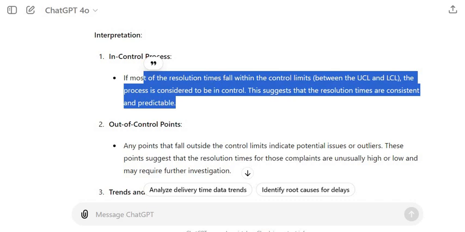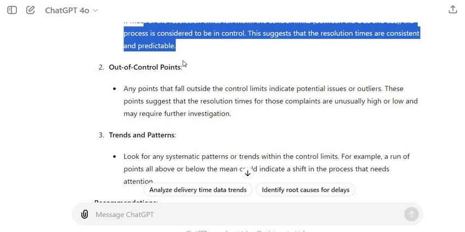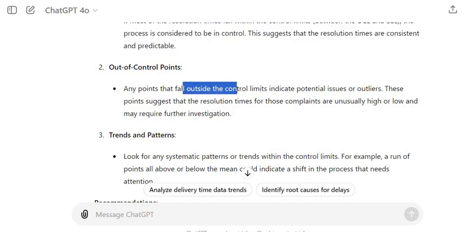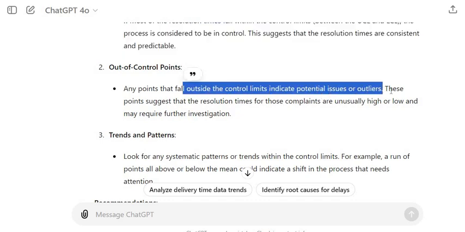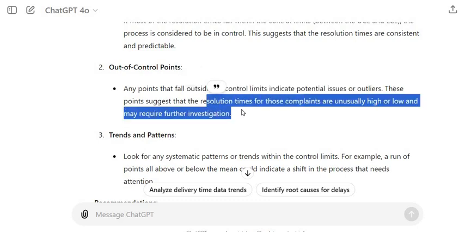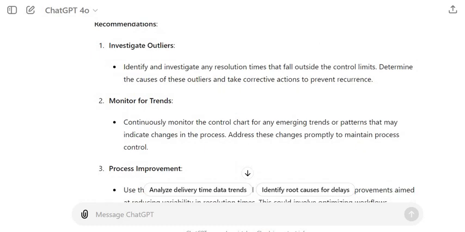Okay, and if any points fall outside the control limit, they indicate a potential issue or outliers. These points suggest that the resolution time for these complaints is unusually high, but this is not the specific interpretation. Okay.